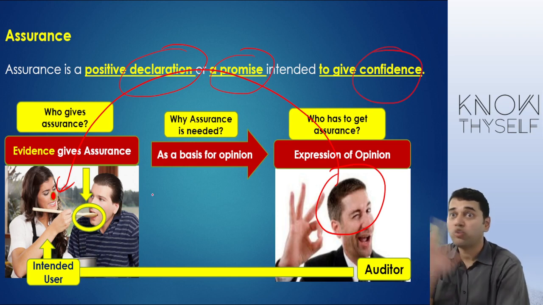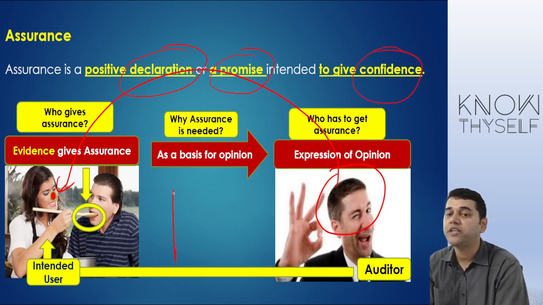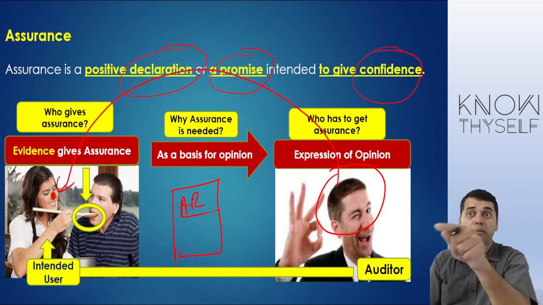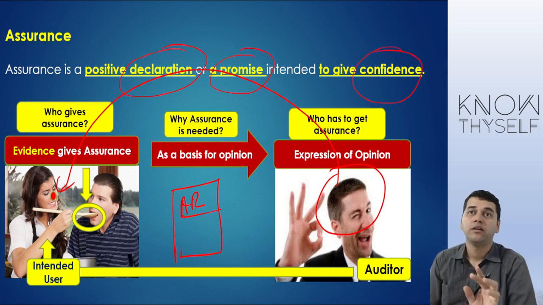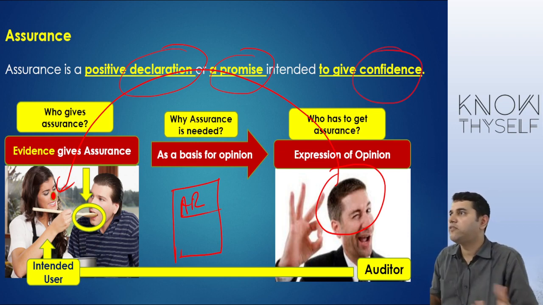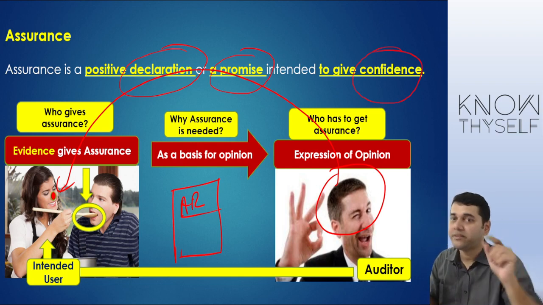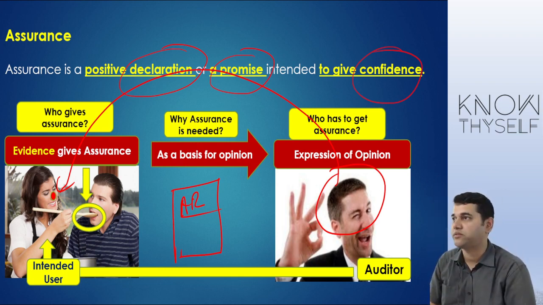But my standards do not permit me verbal expression of opinion. It says your expression of opinion should always be in the form of an audit report, in a written form. Otherwise, expression of opinion I can always say verbally, over the phone also I can say it is true and fair. But standards will never permit me. It says in the form of audit report you have to express.